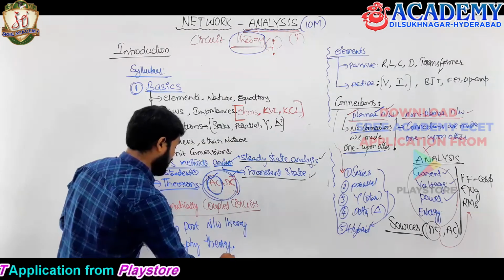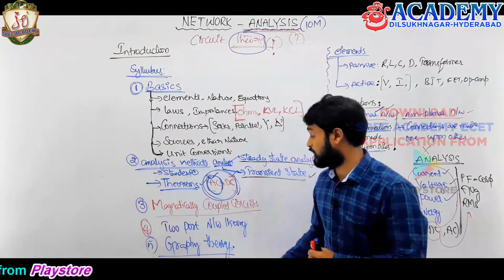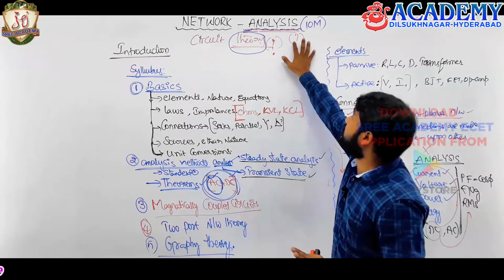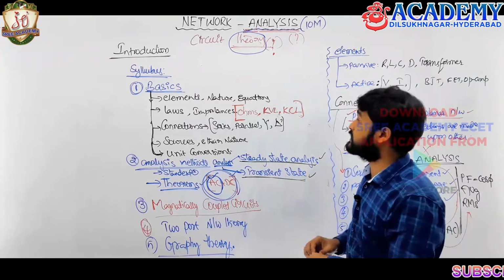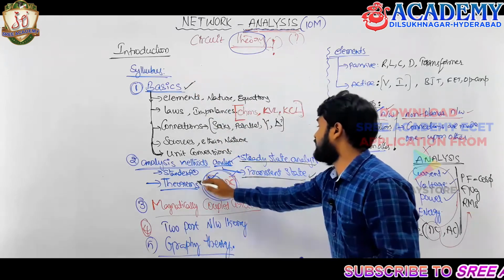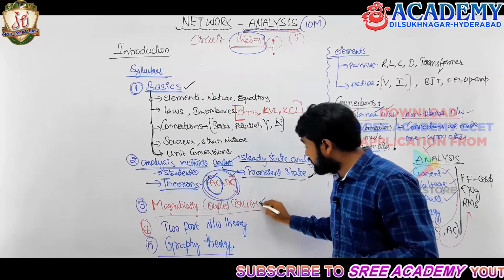As you know, for triple students, they are not going to pose any question on graph theory. What you need to know in network analysis for triple people is all the basics along with handy calculations, AC and DC transient analysis and magnetically coupled circuits.